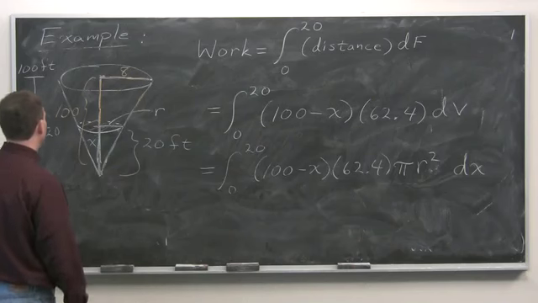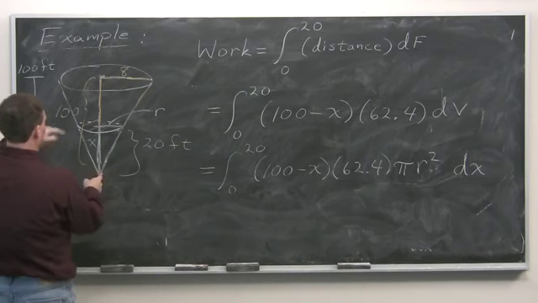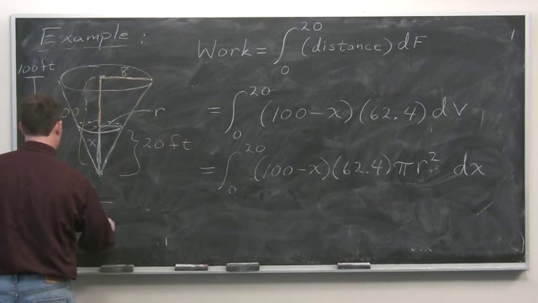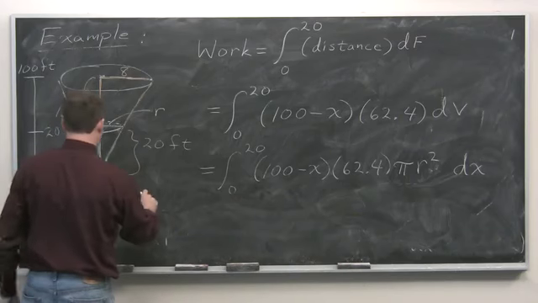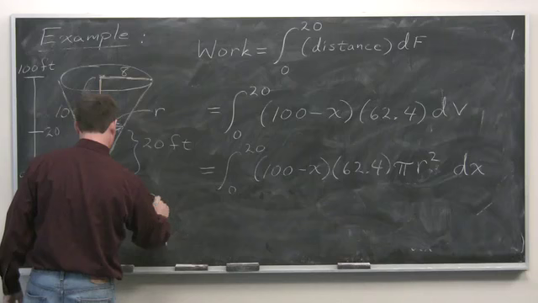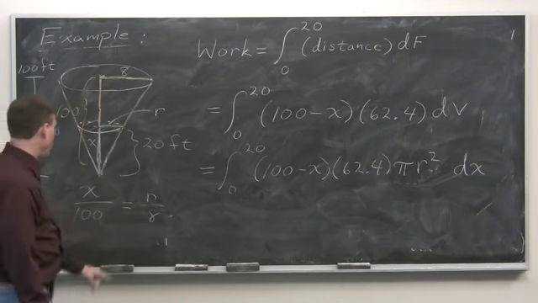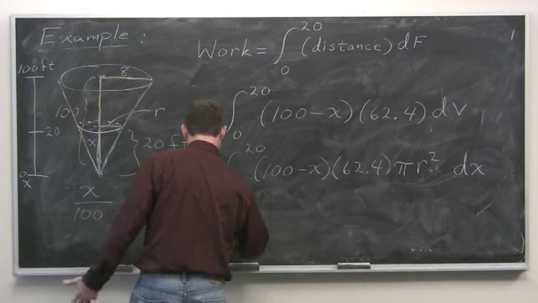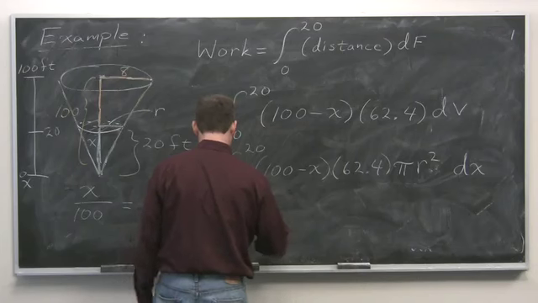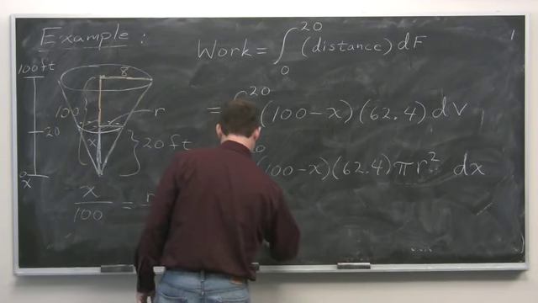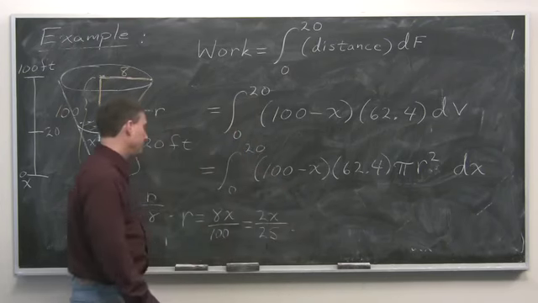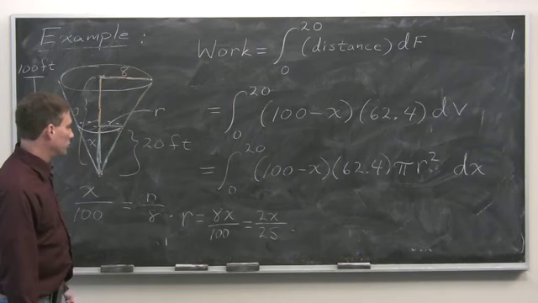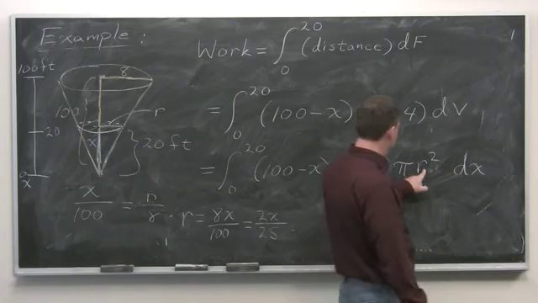And so I'll take the ratio of this to this, so we get x over 100 has to be equal to r over 8, which means that r is 8x over 100, or if you prefer, divide numerator and denominator by 4, 2x over 25. Okay, so that's what you get for r as a function of x, and you put that in right there.